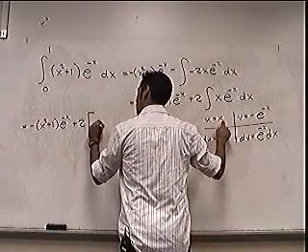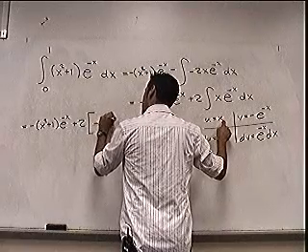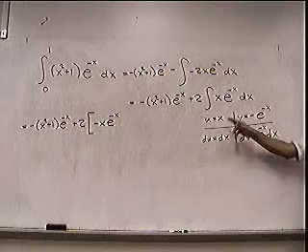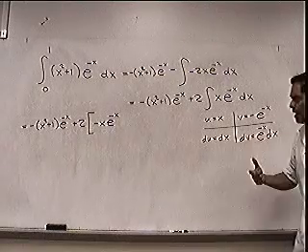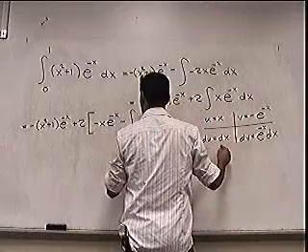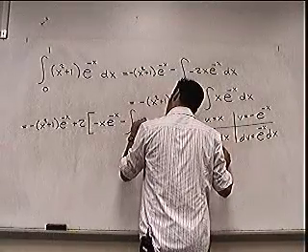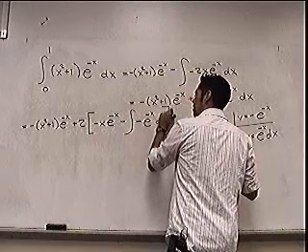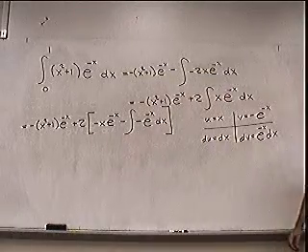Negative x e to the negative x, right? That's u times v, minus the integral of v du. So I'm going to have a negative, right? Negative e to the negative x dx. And that's done.